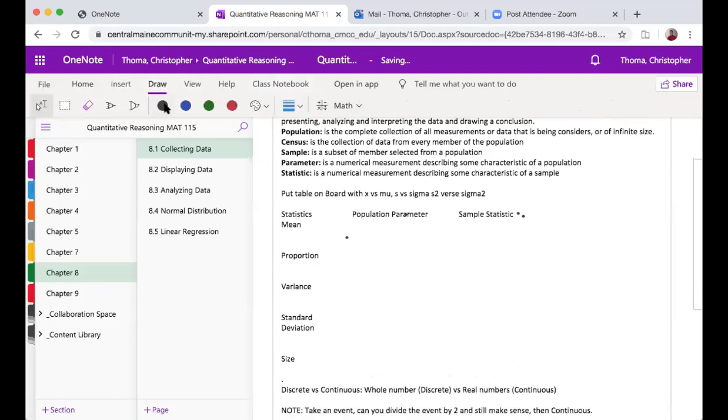The symbol for a population parameter for the mean is what we call mu, kind of a backwards y. And then our sample statistic of the mean is x bar. For a proportion, it is p, and for the sample statistic, it is p with a hat on it.